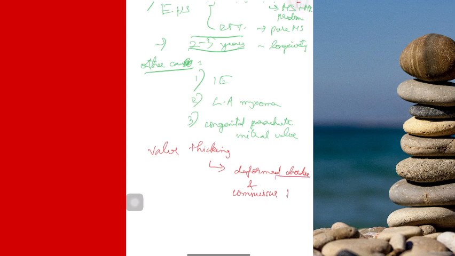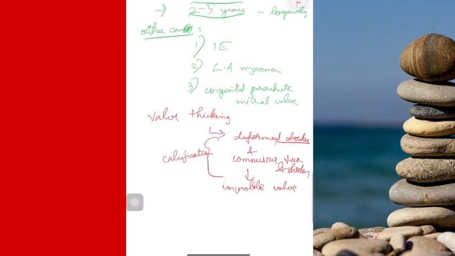The commissure is going to fuse, and this will cause shortening of your commissures, which will ultimately cause your valve to become immobile. The leaflets will become immobile because your commissures have shortened and fused with each other. So the basic pathological point of view will be calcification of the valve as far as rheumatic heart disease is concerned. So basically, calcification is going to cause deformed chordae, commissural fusion and shortening, leading to an immobile valve leaflet.